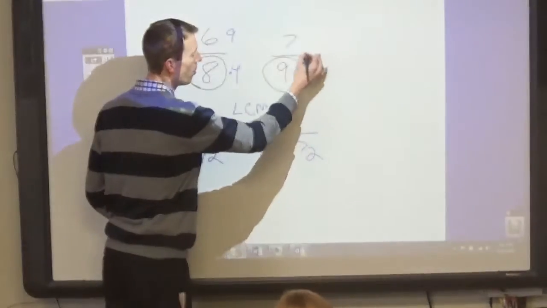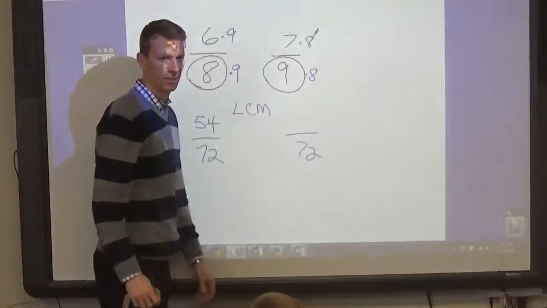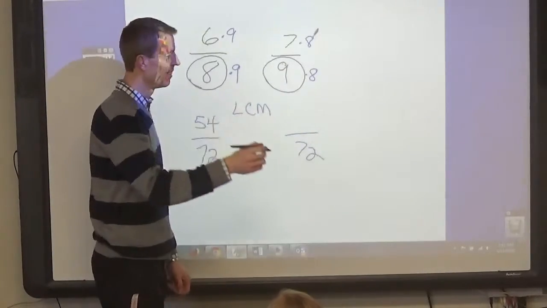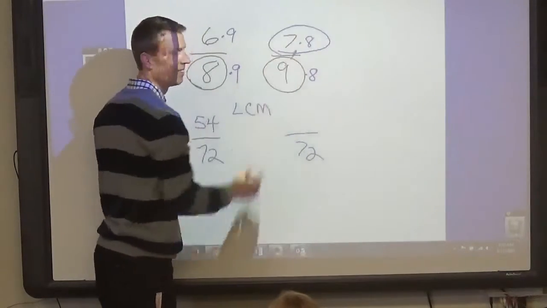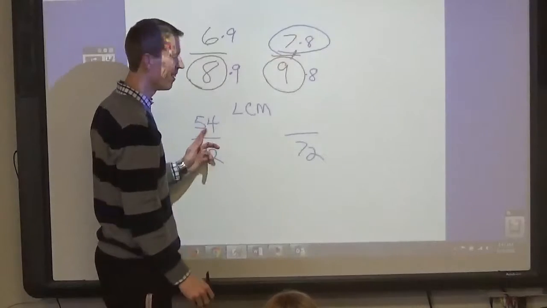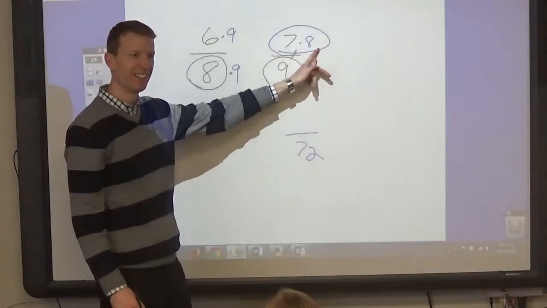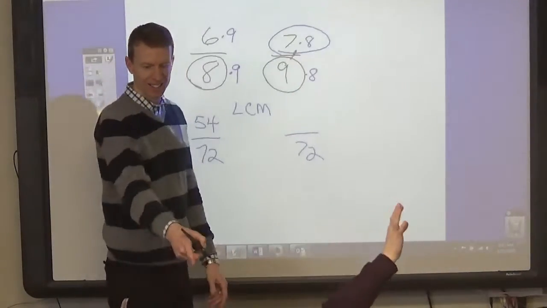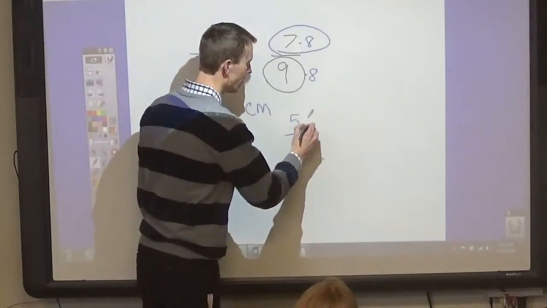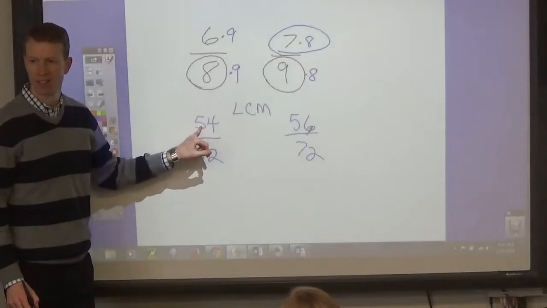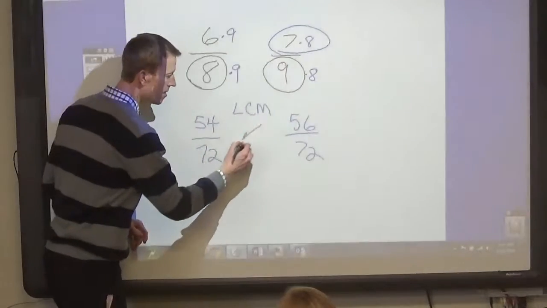So we multiply both by 8. And that is? 7 times 8, 56. Yep. Now we can compare the pieces. And this one is less.